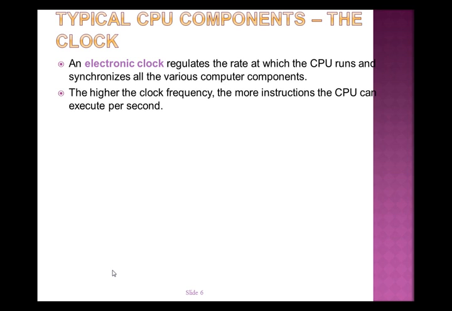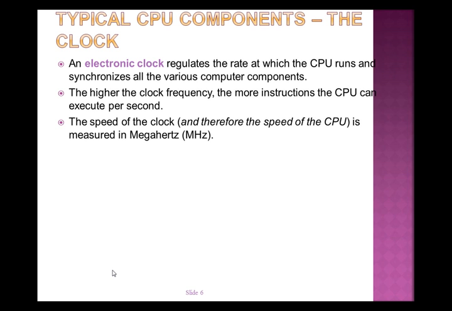The higher the clock frequency, the more instructions the CPU can execute per second. So if there is a high clock frequency, a large number of instructions the CPU can execute per second. The speed of the clock is measured in megahertz.